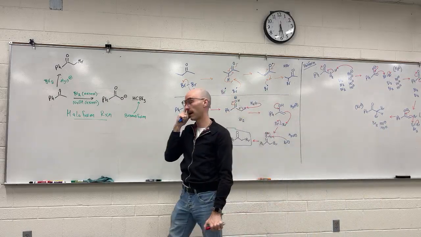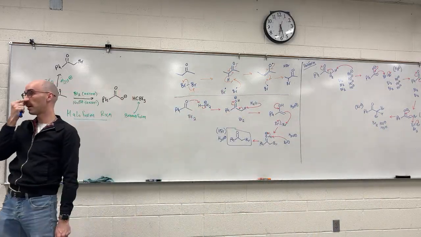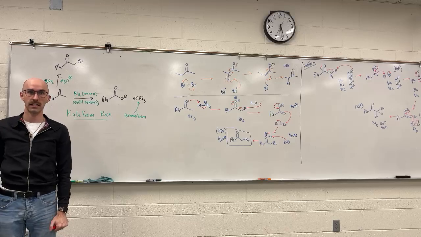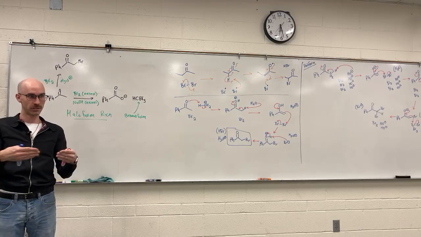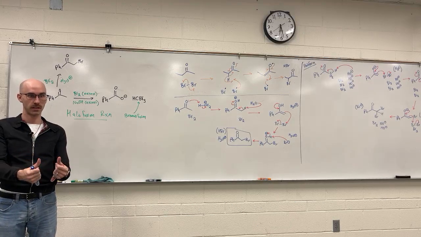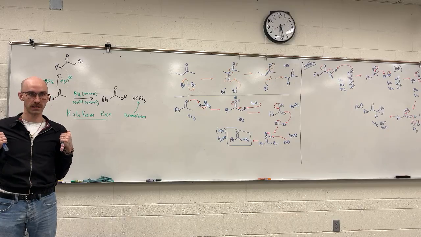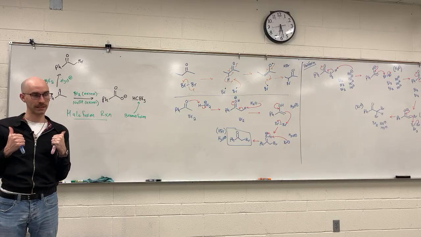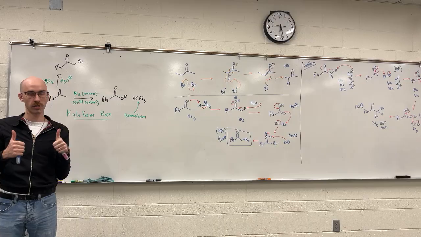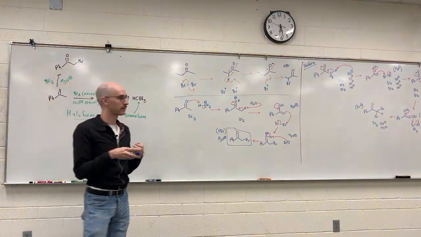My third alpha hydrogen is the most acidic that any of them have been. It now has 2 halogens directly next to it, pulling away from the carbon, telling the carbon, if you take a negative charge, we will help stabilize it.